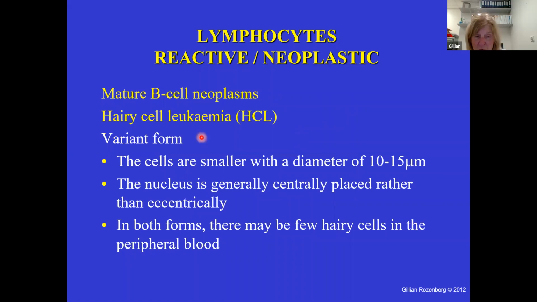In the variant form, the cells are smaller with a diameter of 10 to 15 microns. The nucleus is generally centrally placed rather than eccentrically. In both forms, the marrow is usually filled when you diagnose the patient, but you can often see hairy cells in the peripheral blood as well.